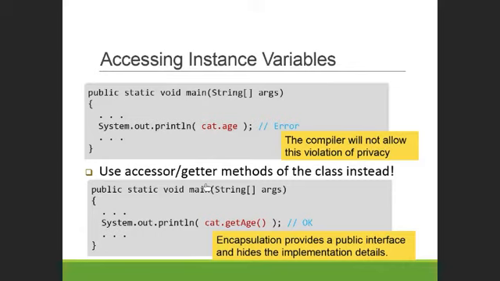Encapsulation allows us to have a public way to get inside of that instance variable, but it also hides the implementation details. An age is just an integer. It's not that big of a deal to just see that information. But one thing that you can do to hide implementation details is, if you think about phone number for a second, you can think of multiple ways that you save or work with the phone number. Sometimes you'll have parentheses, sometimes just dashes.